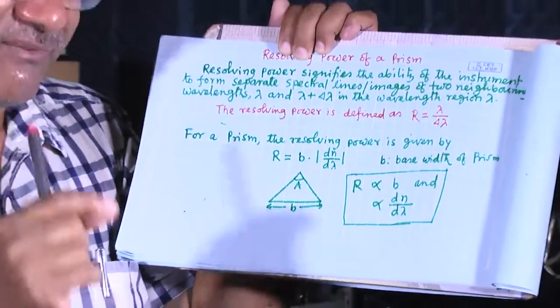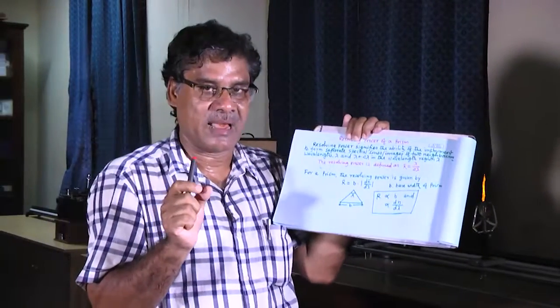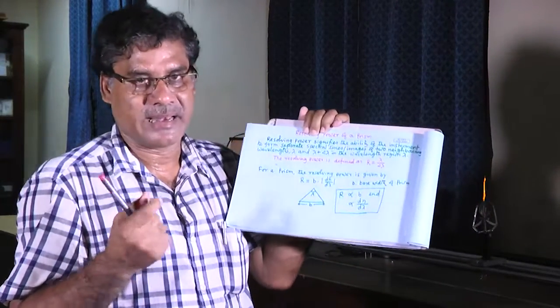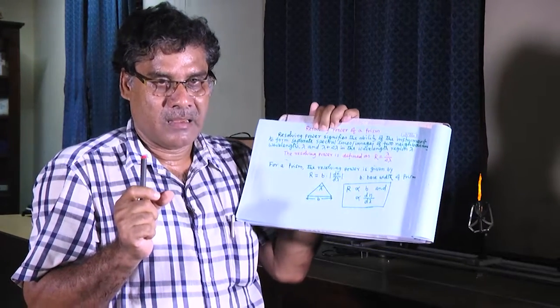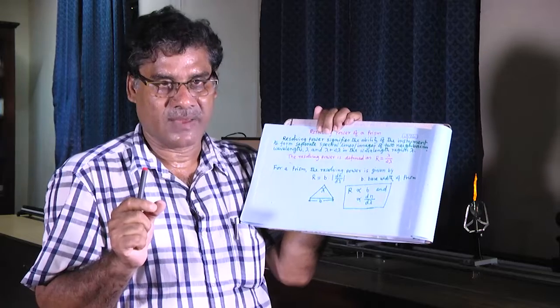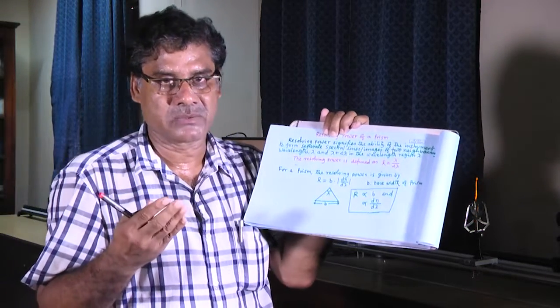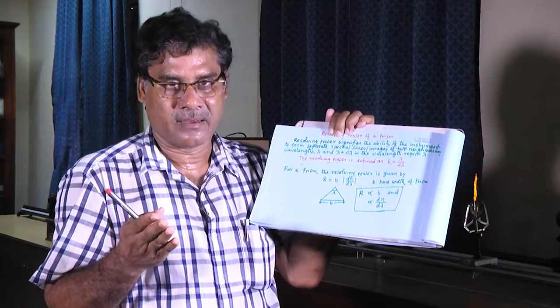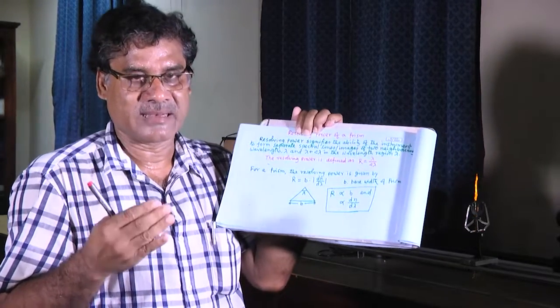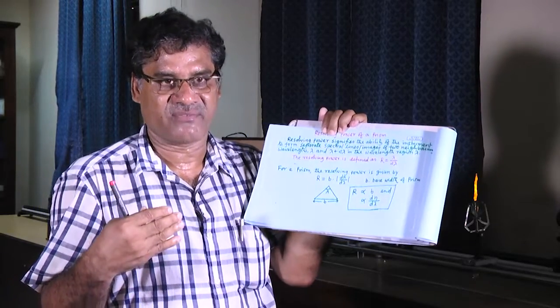If you have two very close wavelengths lambda and lambda plus del lambda, and they pass through the prism, then according to the dispersive power of the prism, we can see these two rays separately after refraction.